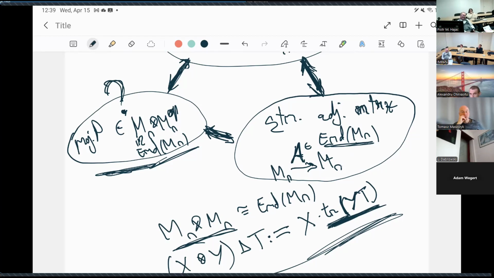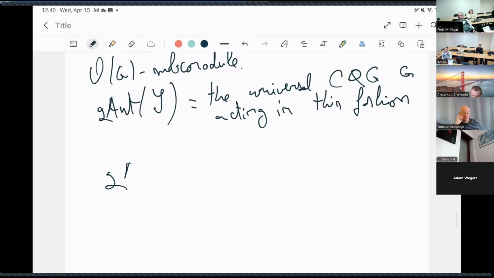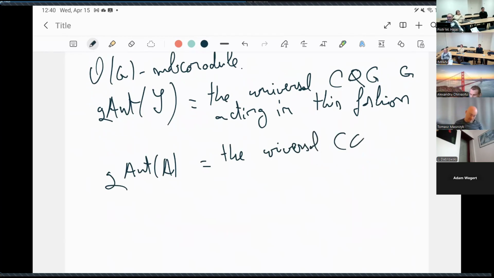But since this involves no opposition in the sense of opposite structures, I have Mn as a comodule over O(G), and I can ask for the quantum subgroup of the universal G acting on Mn that respects this A as a comodule map. So that's another possible notion of a quantum automorphism group. So I'm going to write Aut+(A) to be the universal CQG G acting on Mn trace preservingly.